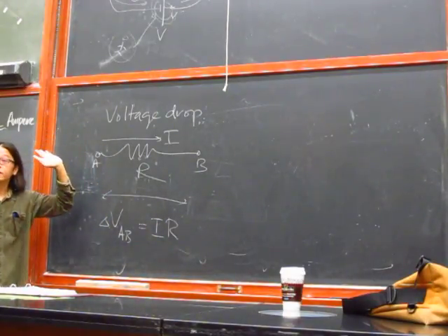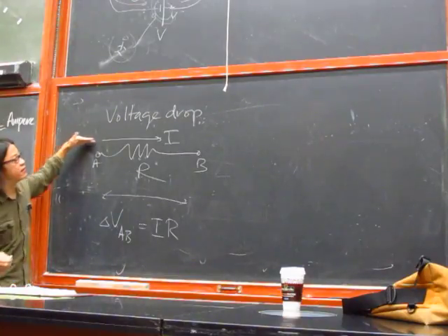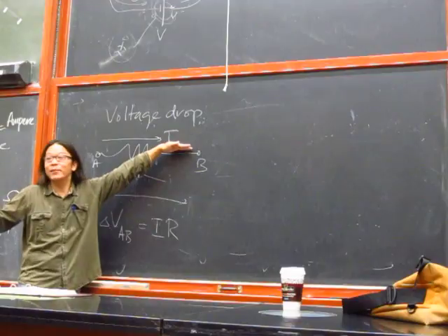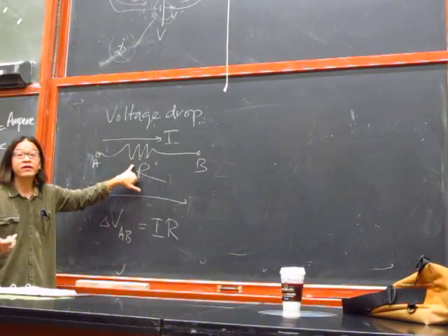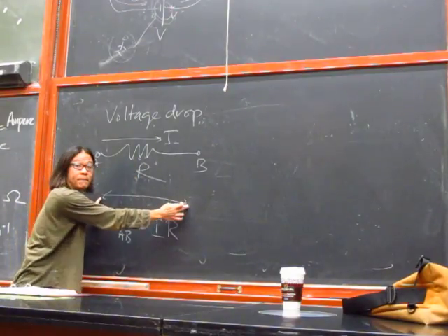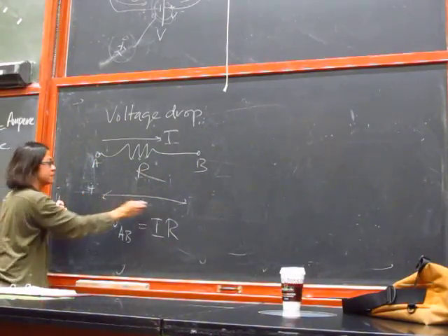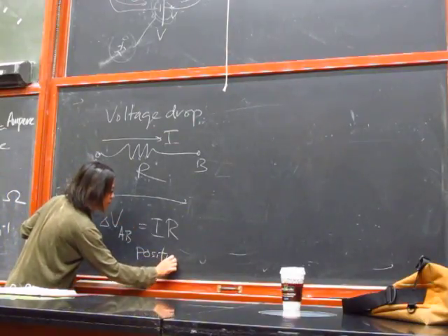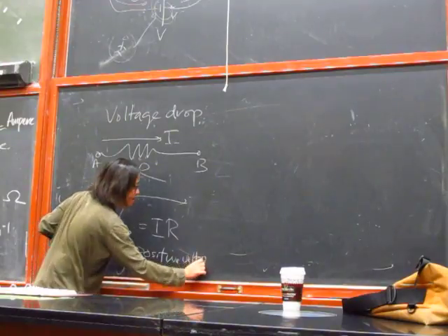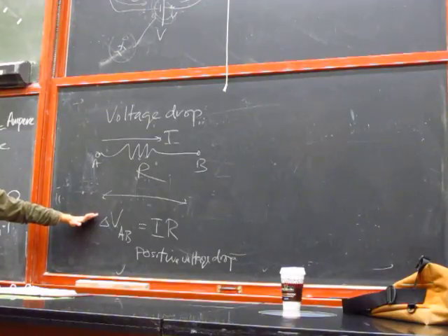This is also diagrammatic, only for the purpose of analyzing the diagram. You don't care so much about what is actually happening. Pretend there is a current going that way, even though it might not be happening that way, and there is a resistor. Then pretend that there is a voltage drop IR across A and B, and it's higher here, plus here. So in this case it's a positive voltage drop. This will be very useful in analyzing circuits.